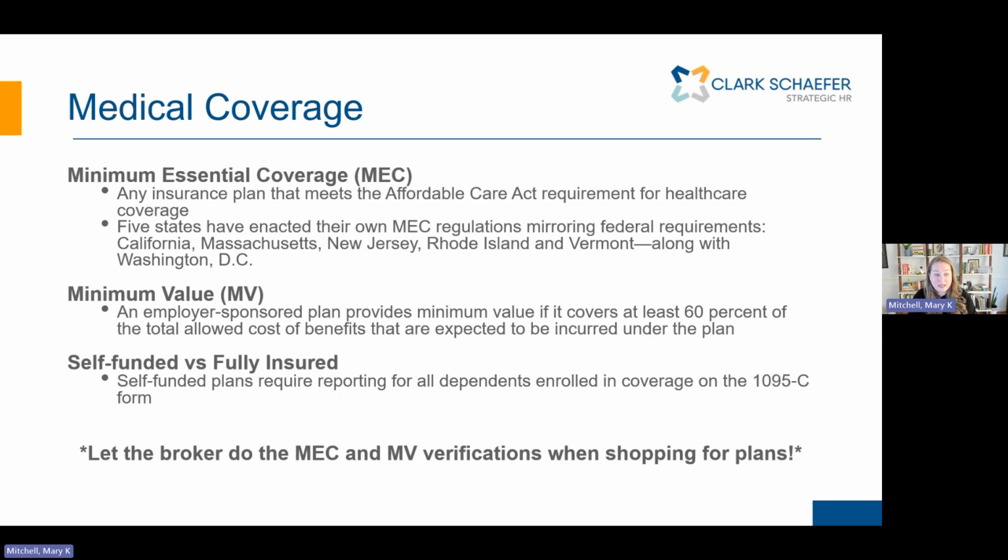There are 5 states that have enacted their own regulations on that for the Affordable Care Act. But essentially, we have to make sure that it meets a certain level of coverage, for say, annual exams and certain women's health care, in order for it to be considered minimum essential coverage.